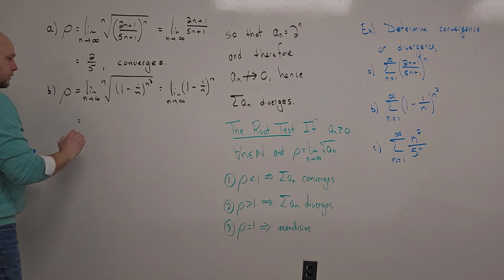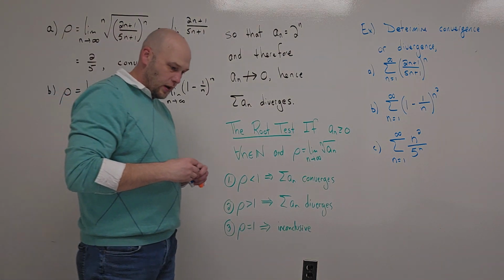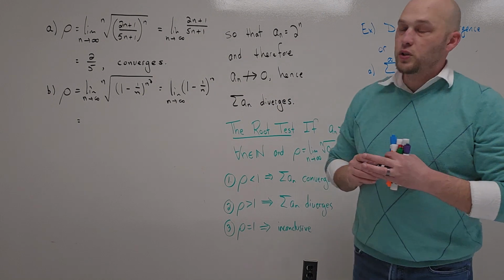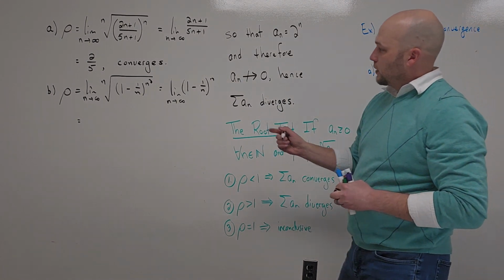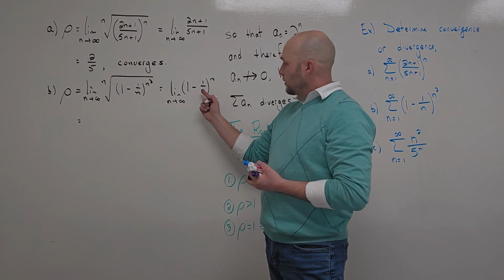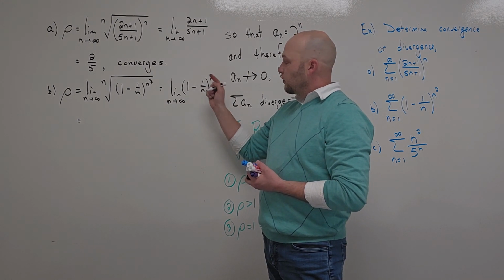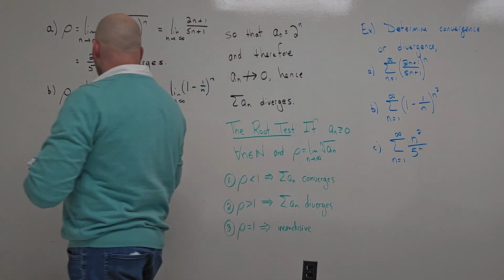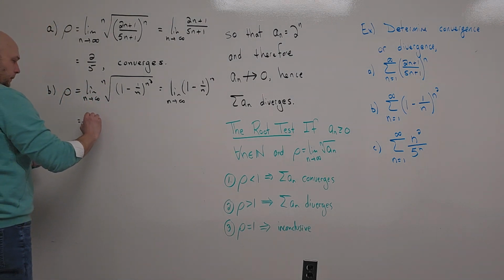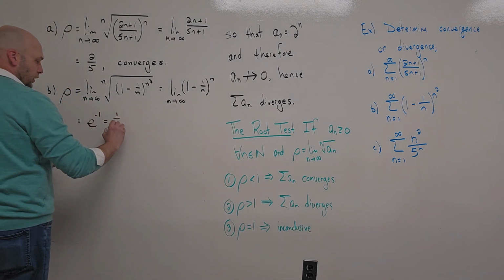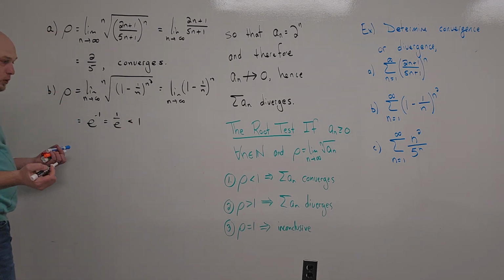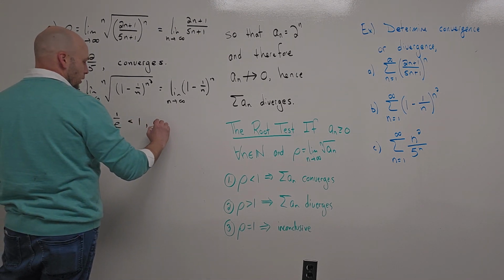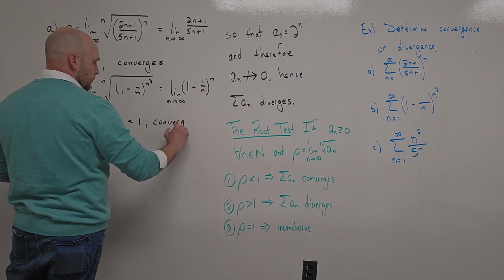And that limit should look familiar from earlier in your Calc 2 course, or even in your Calc 1 course. This is e to the power -1, which is 1 over e, and that's less than 1, because remember, e is bigger than 2, so therefore this series also converges.